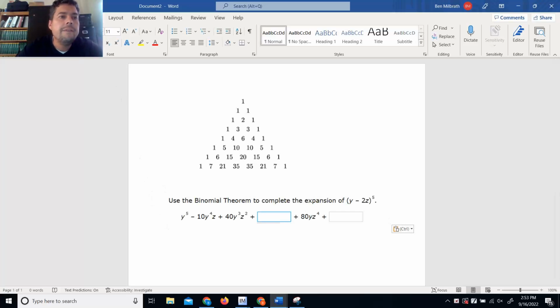All right, it is a fifth degree. Because it's a fifth degree, we're going to focus on the sixth row. That's where my coefficients are coming from. So I will be looking at this row right here. 1, it's y to the fifth.